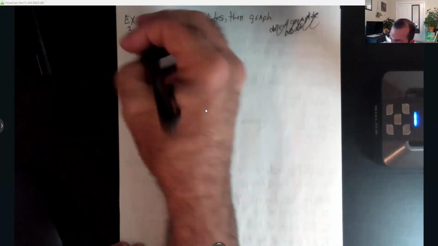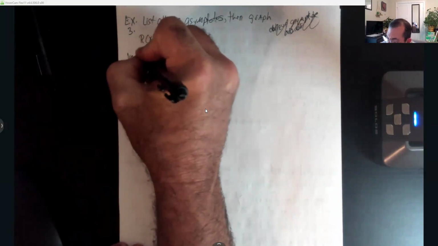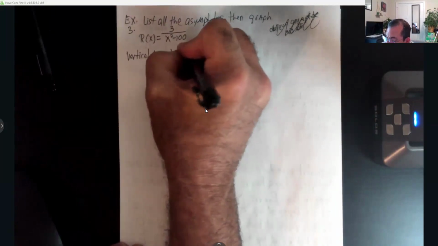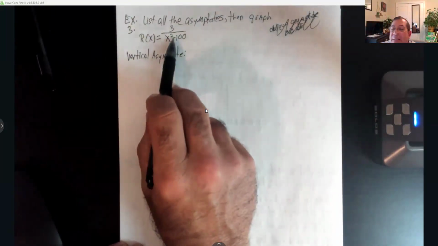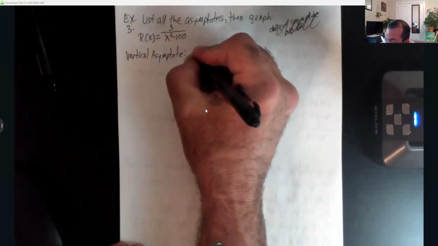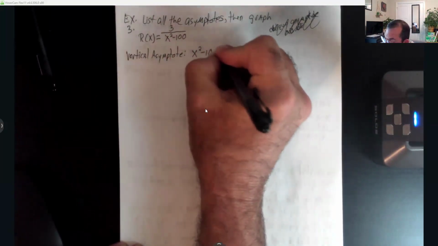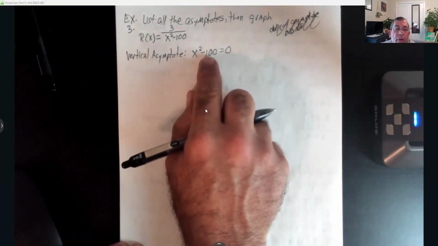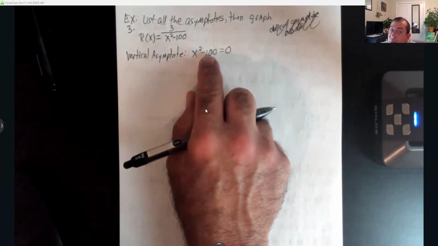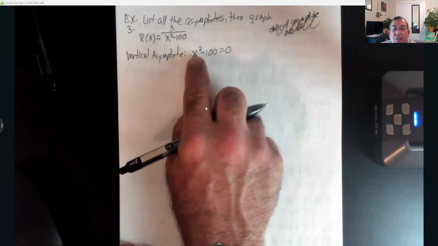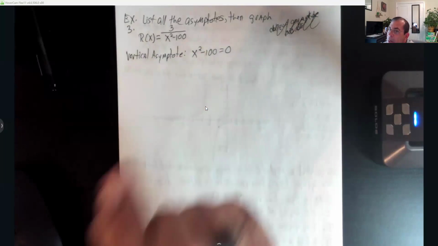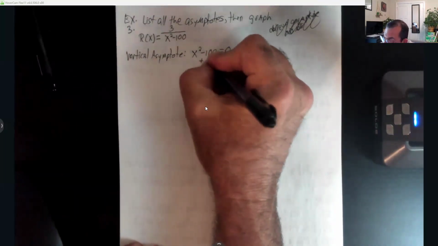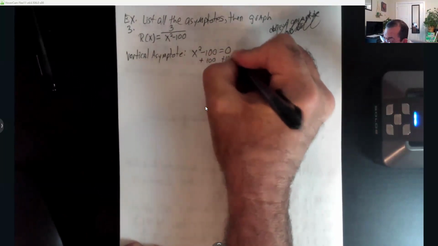So let's find our vertical asymptote. Well, to find the vertical asymptote, I set the bottom equal to 0 and solve. So y'all, an easy way to do this one, you could factor this, but since it's just an x squared term and a number, remember, I can get the 2 answers by square root stuff. So I'm just going to add 100 and do my square root.